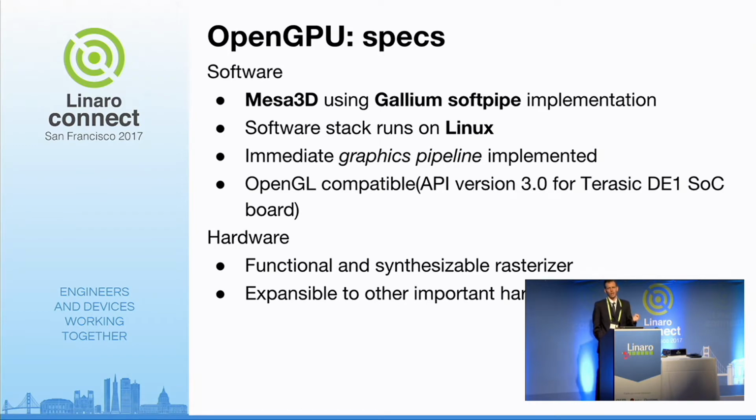It is very accurate, not fast, but very accurate about OpenGL implementation specifications. And we have immediate graphic output because it is entirely in software. And that's very important for what we have later.